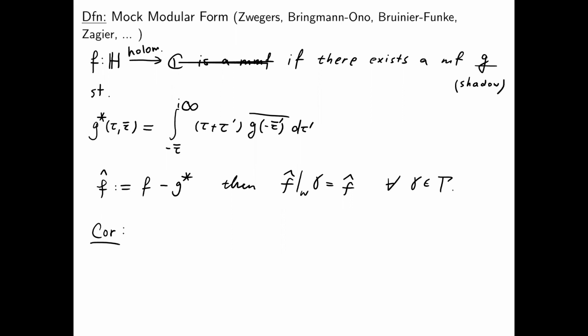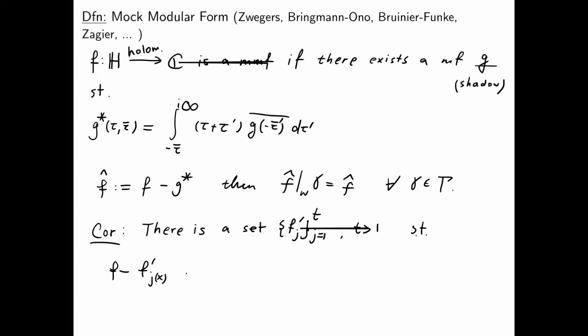And using this, combining the previous results in this definition, we can actually show that there is a set of cardinality larger than 1 such that f minus f prime j of x is O(1) at all cusps x. Okay, so what does that mean?